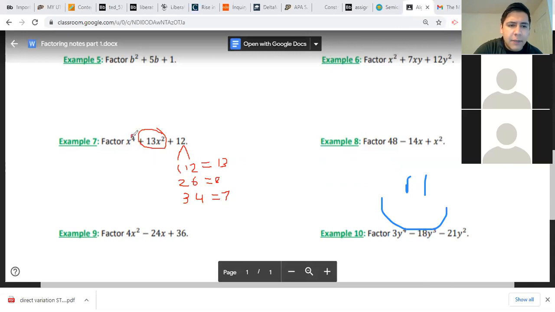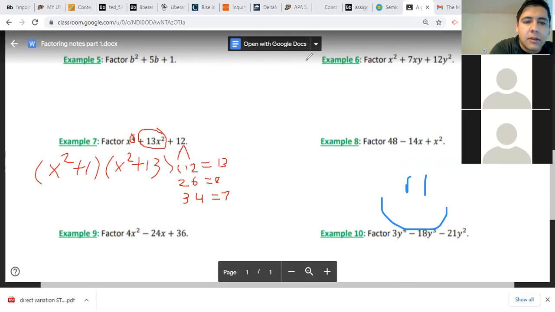Now, what's a little bit different here is just that exponent, that x to the power of 4. Really, the only thing that does is change the way that we're going to write our answer. So instead of just a single x, we're going to write x squared. So x squared plus 1, x squared plus 13.